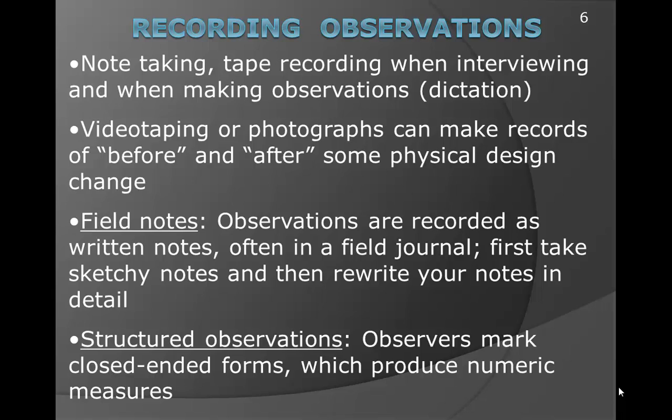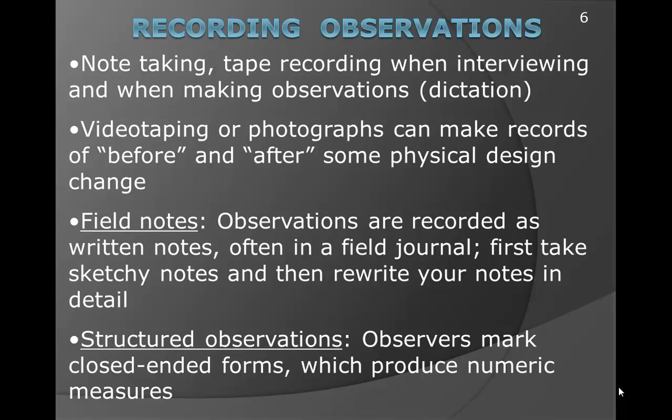Okay. Some other things that you would want to think about is as you are recording your observations, a wide variety of methods, from note-taking with pen and paper to video recording. You're going to be doing a field observation within this unit, so thinking about how you'll gather your data. You can use camera and sound recorders.